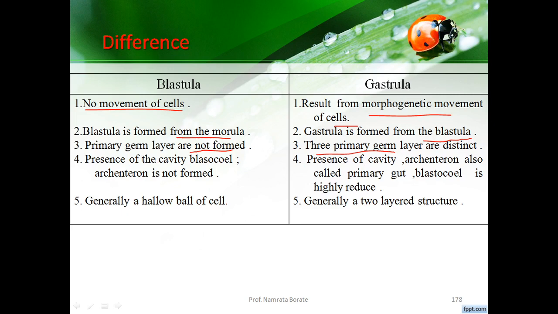In the blastula there is a cavity called the blastocoel. The archenteron is not formed in it, but in the gastrula there is a cavity called the archenteron, also called the primitive gut. The blastocoel is highly reduced in the gastrula. The blastula is generally a hollow ball of cells, but the gastrula is a layered structure.